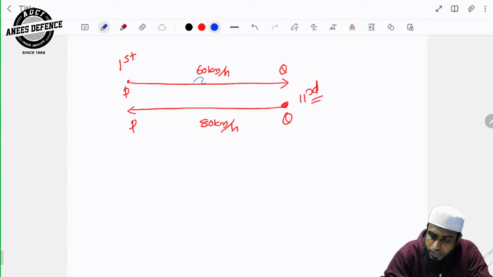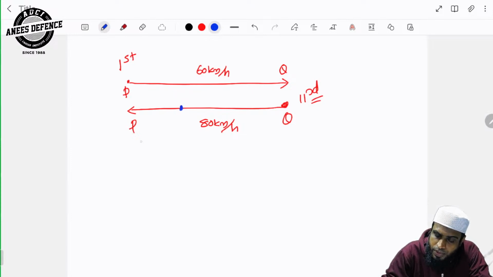For example, this is the point where they are meeting.